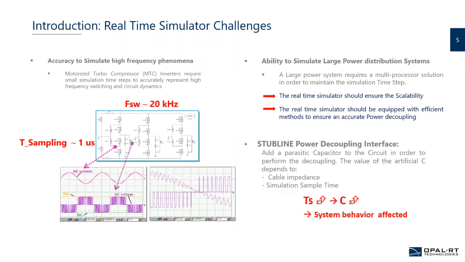The second challenge is the ability to simulate large power distribution systems. A large power system requires a multi-processor solution in order to maintain the simulation time step at the desired value. From the hardware point of view, the real-time simulator should ensure scalability, meaning that it offers the possibility to increase or decrease the number of computation units in order to cover large and small power systems.